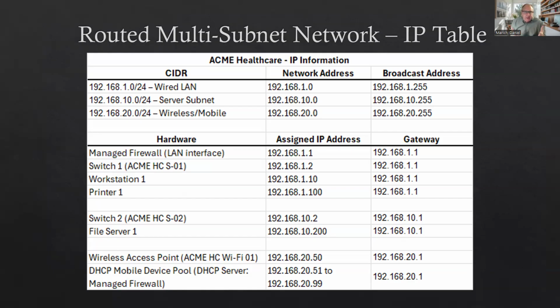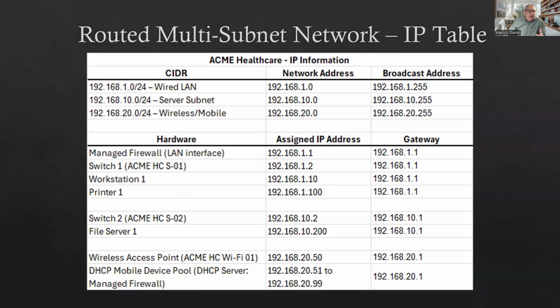So here is a basic network IP table for that segmented network. We have a switch 2 and a file server, and it shows there that it's on the subnet that we've listed above, the server subnet, which is our .10. And then we have the .10s here.